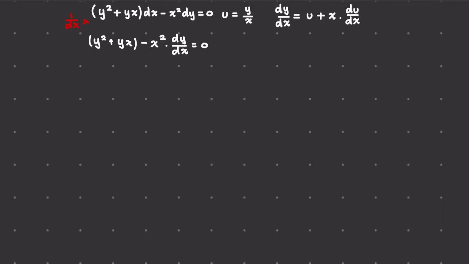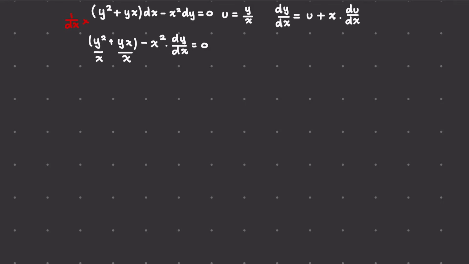Okay, so after transforming our original differential equation into this one here, now we want to change all of the variables, the y's and the x's, into a single variable, which is the u variable. So first let's try dividing everything by x.